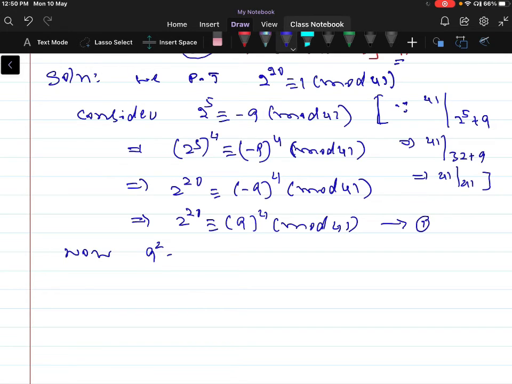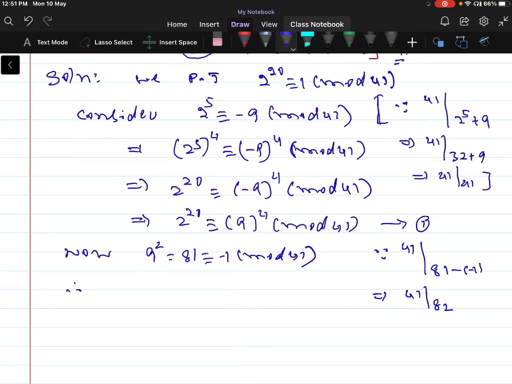Now 9 square is equal to 81. 81 is congruent to minus 1 modulo 41, since we can observe that 41 divides 81 minus of minus 1, so this implies 41 divides 82.